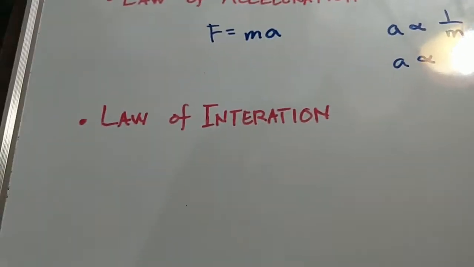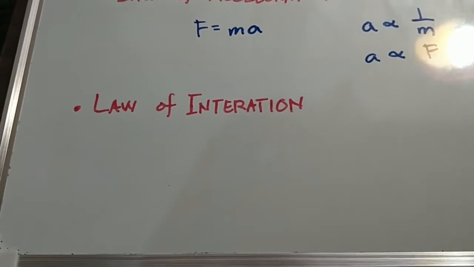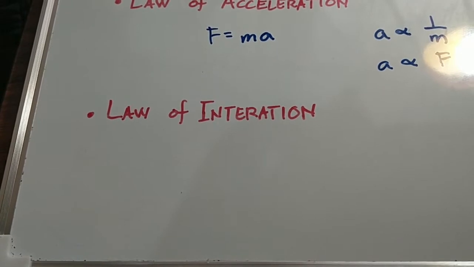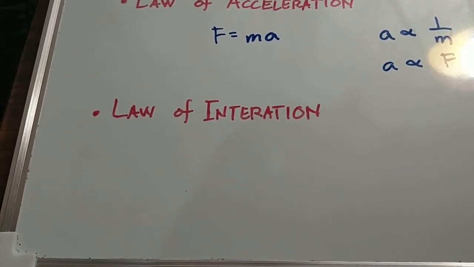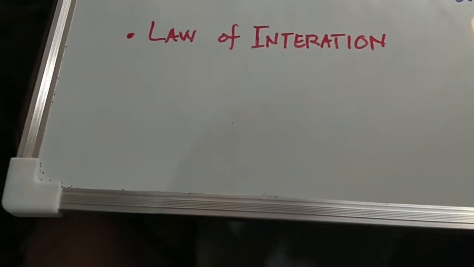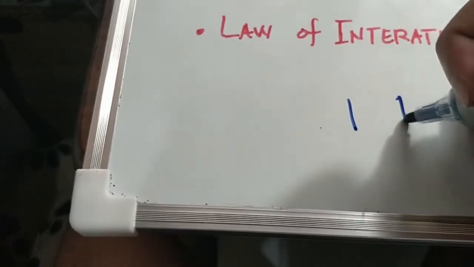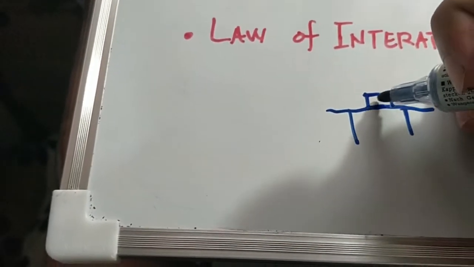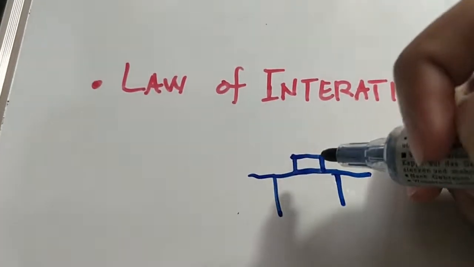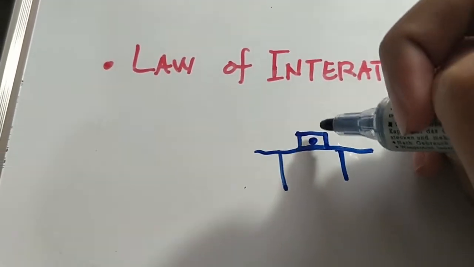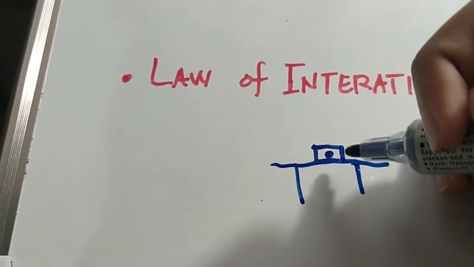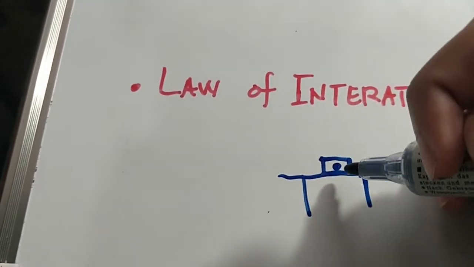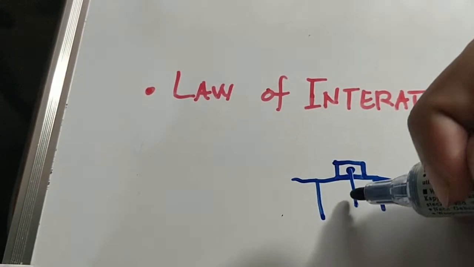And doon natin ipapasok yung law of interaction. The law of interaction states that in every action, there is an opposite and equal reaction. For example, the usual example ni sir, meron ka daw table, then may box on top of that table. Ngayon, itong box na to, meron siyang force na pababa na applied, or the applied force pababa, which is the weight.